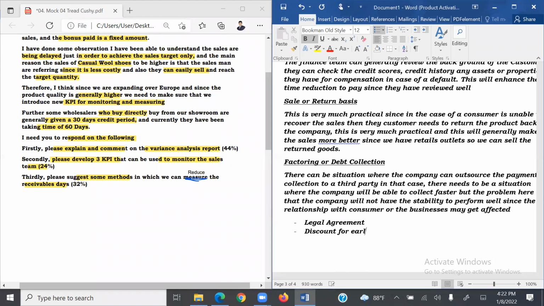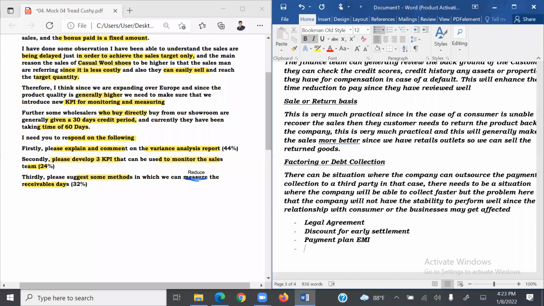For early settlement makes a lot of sense, students. This is a good point. And then payment plans. Yes, packages, we can give payment plans. You pay it on an EMI basis, like that, every month installment basis. That's a very good way of reducing the trade receivables. It's again a wonderful method of reducing it.